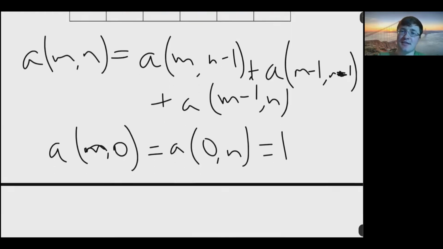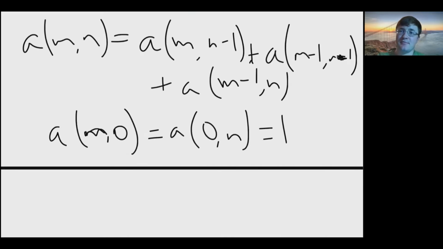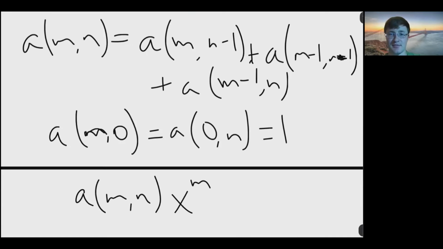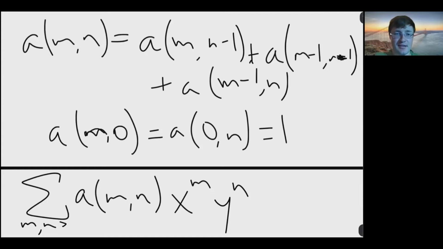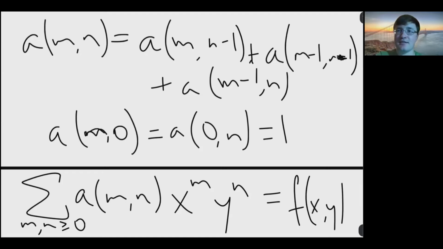We want to look at a two-variable generating function, because it depends on two inputs. So I'm going to attach A(M,N) to x to the m, y to the n, and sum over all non-negative m and n. This is going to be my generating function f(x,y). Now we just have to figure out what the recursion says.